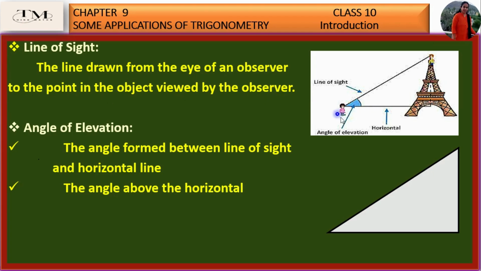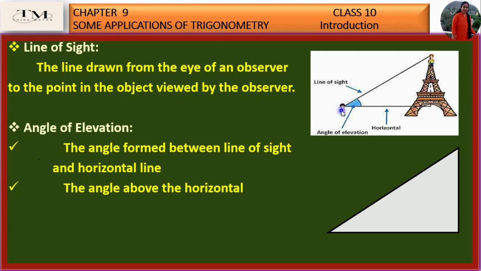Now look at the picture. A girl is standing here. The line is drawn from the eye of an observer to the point in the object. A boy is standing on top of the tower, and this girl is looking at the boy.